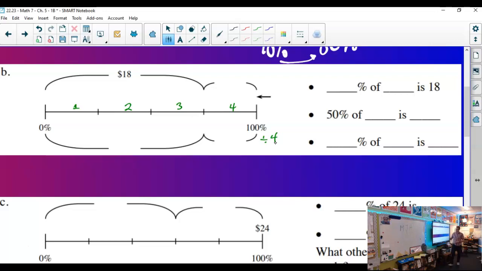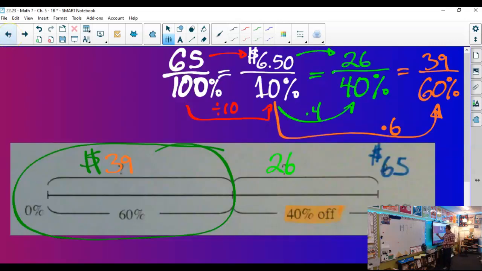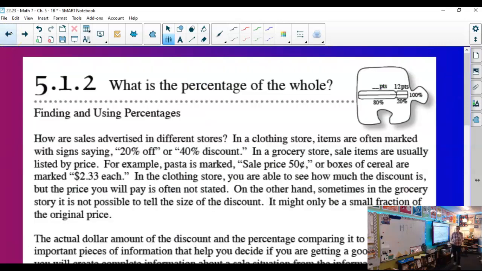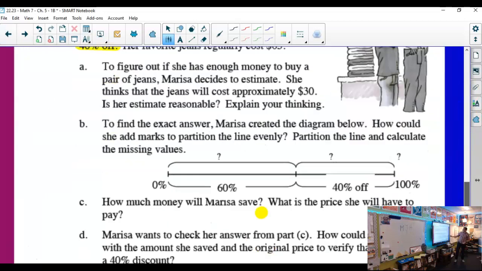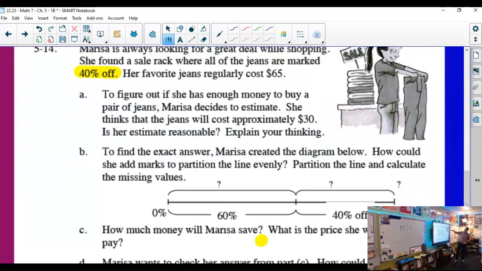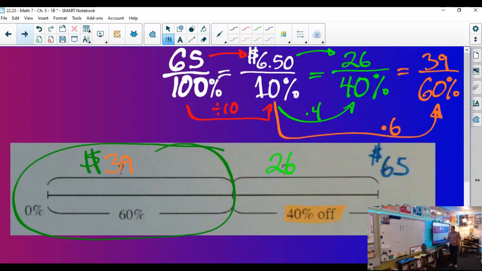So real quick for Mason or anybody else playing along at home, the first question we did was dealing with a discount on a pair of jeans. We knew our total price was $65. We knew the jeans were 40% off. So what we did is we took our 100% knowledge, converted that over to our 10%, and from there you can use 10% to find pretty much any other percent.